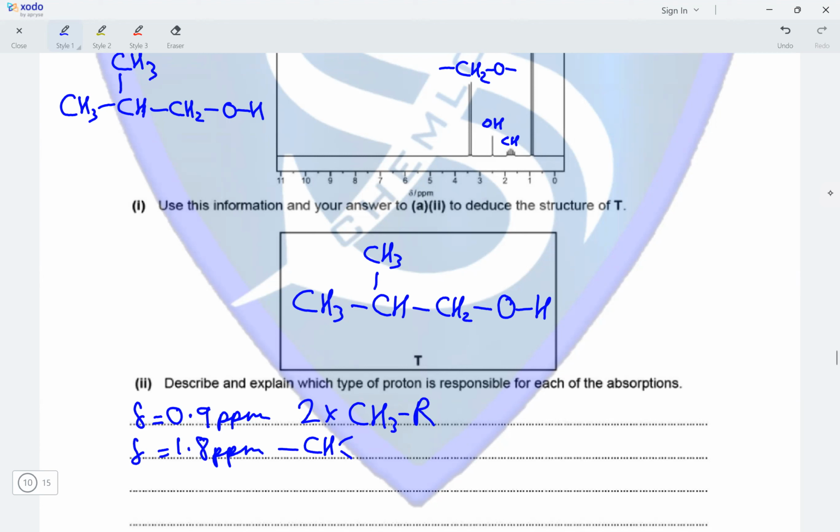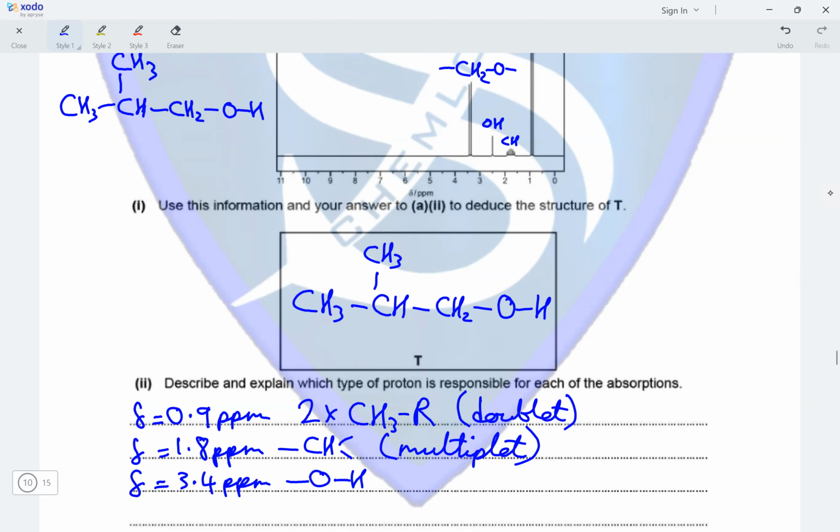So we can also write that the first peak is a doublet, the second peak is a multiplet, the third peak at 3.4 ppm is due to the OH group of an alcohol, and it is a singlet because it is a functional group peak.